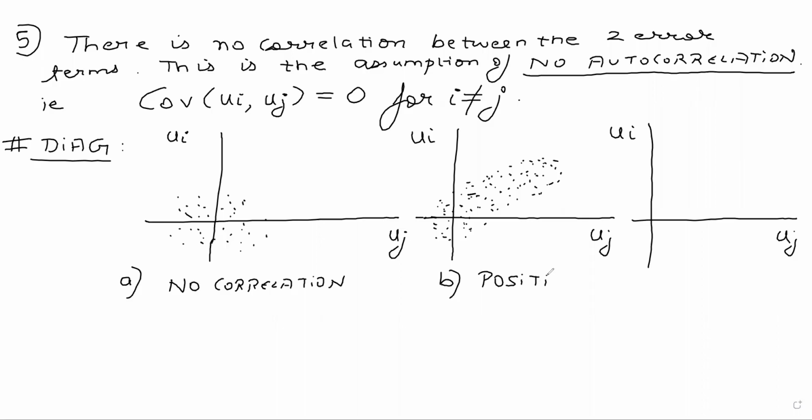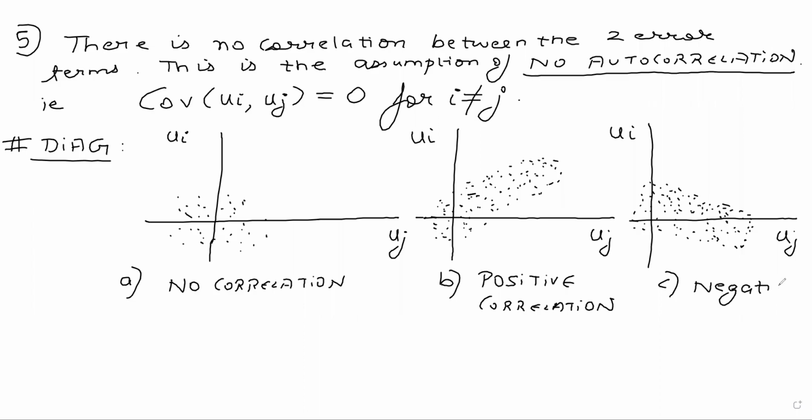In the third case, if you observe a downward trend, meaning when uj is increasing, ui is falling, you say that there is negative correlation.